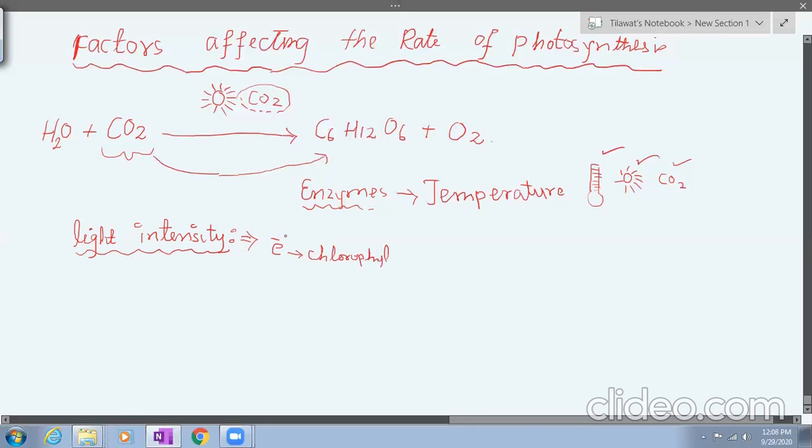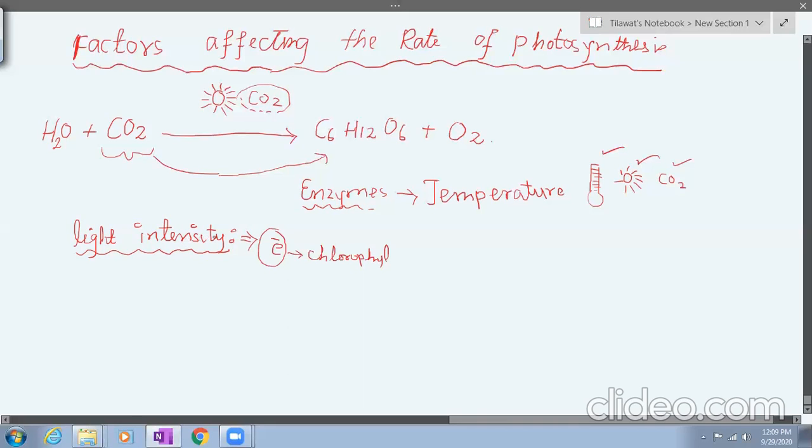Right? And in the light reaction of photosynthesis, this electron excitation will happen from chlorophyll. Now, light intensity is important, but it should not be at such a very high range that it may damage the cell.